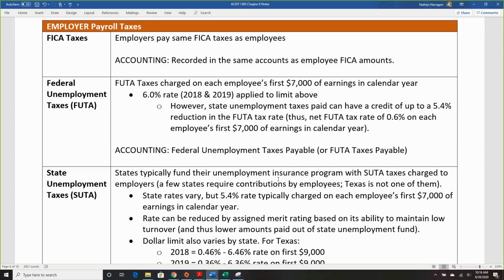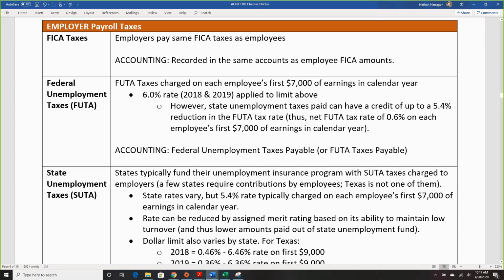They also will now have to focus on unemployment with FUTA and SUTA, federal and state. When we look at FUTA, this is usually on the first $7,000 of earnings in a calendar year per employee. So we look at each of them and see when they reach $7,000. We take the total that they have earned, and if you only pay FUTA, that'd be 6%.